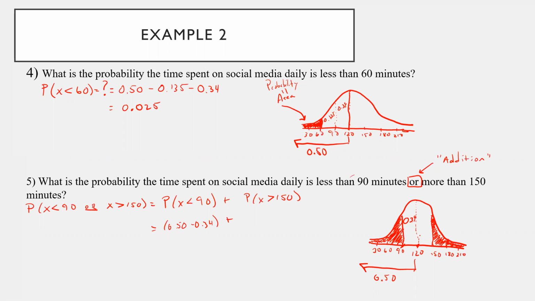And now I need to add to it. It's actually the same thing on the other side. To go from 120 to 150 is one standard deviation. So it's that 0.34, and we know half the area is above the mean. So this red shaded tail area here is 0.50 minus 0.34.